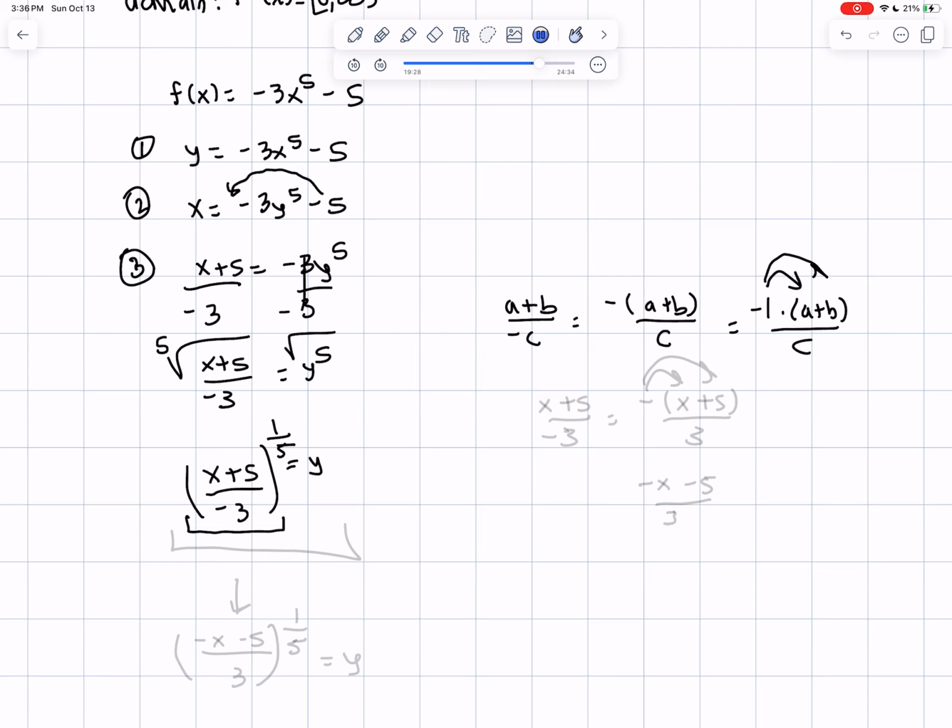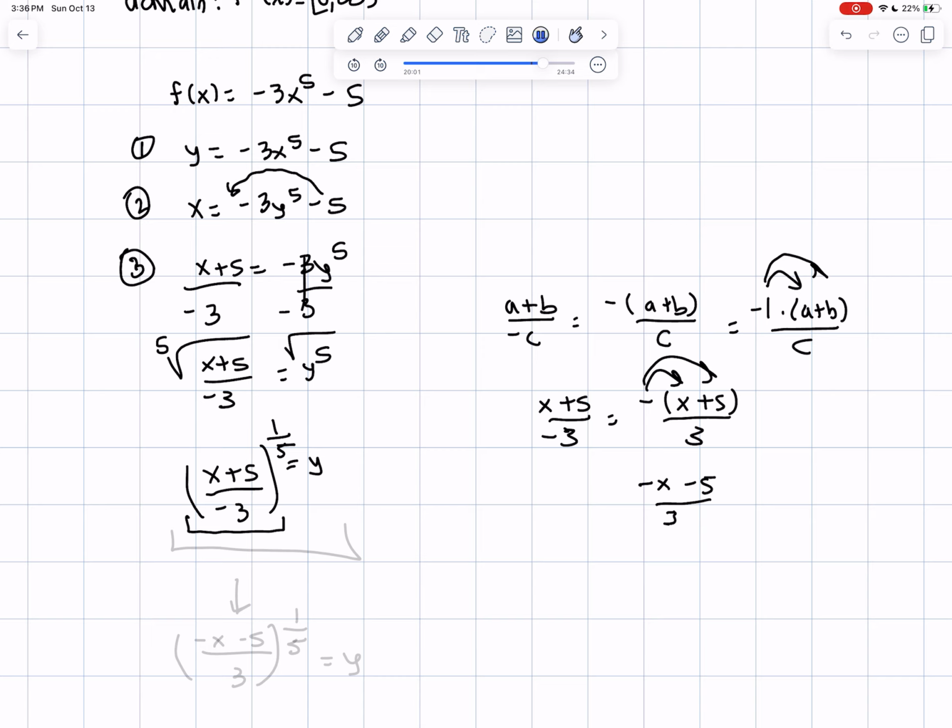So if we do that with this example, x plus 5 over negative 3, when that gets factored, it's going to be like this. That negative gets moved to the top and distributed. So it becomes minus x minus 5 over 3. And that's how they might have you rewrite it here.